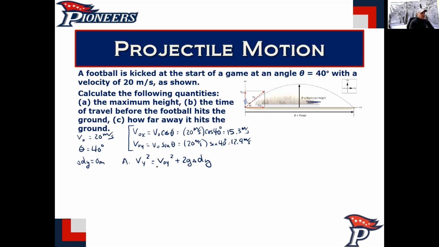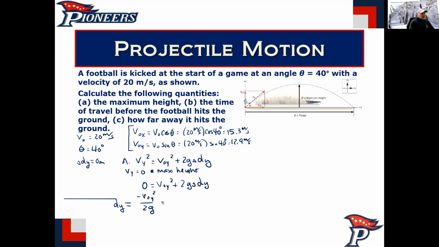You could call it h if you wanted to, but the key is remembering that Vy equals 0 at the maximum height. This is equal to 0. If you're going to use this method, this equation, subtract this over, divide by 2g, that's going to equal dy.